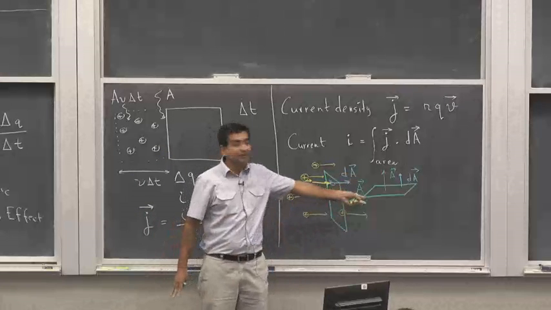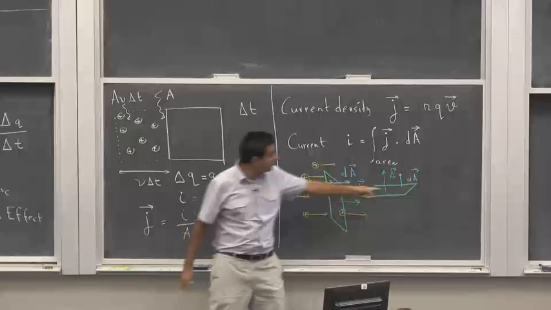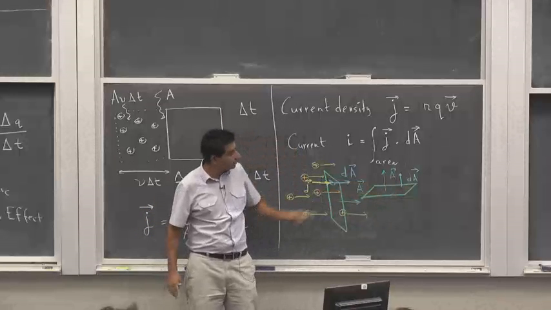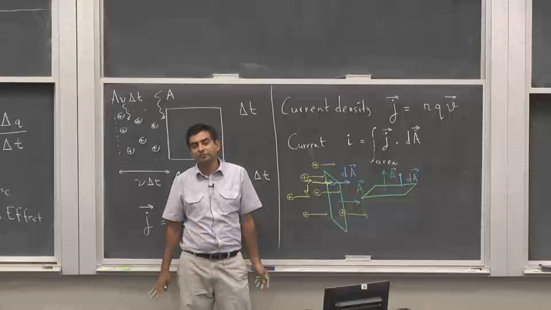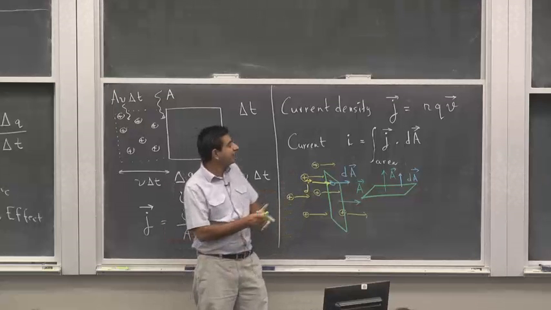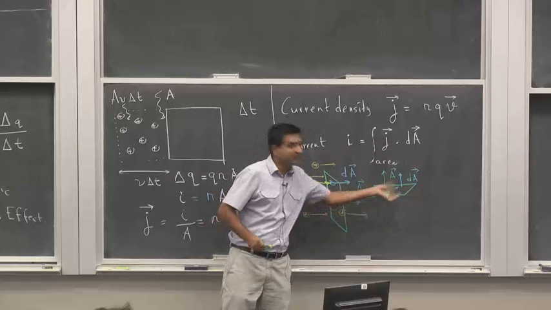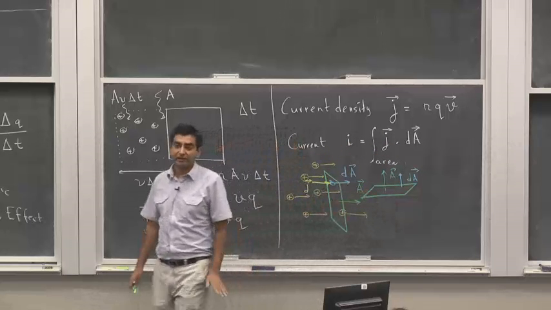But there's no current through this area, through this section that we've chosen, because the dot product between the area and the velocity vectors is zero. So that's why the current through an area is taken to be the dot product, summed up over all these small patches in the area we're considering.